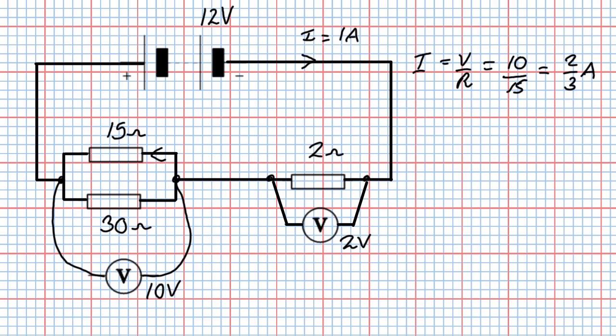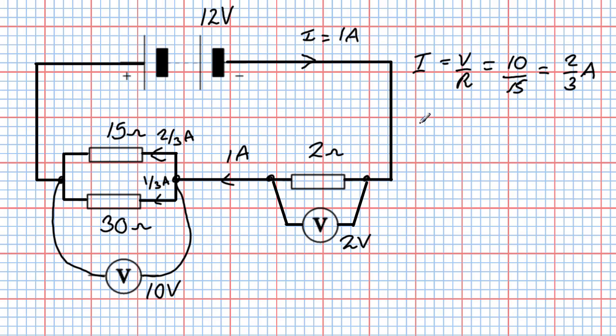We'll just leave it as a fraction so we can see things a little bit clearer. So the current going through this resistor is 2/3 of an amp, which means the current going through that resistor must be 1/3 of an amp, because after all, going into the branch is a total current of 1 amp. So 2/3 of an amp plus 1/3 of an amp must give you the total current going into the branch.